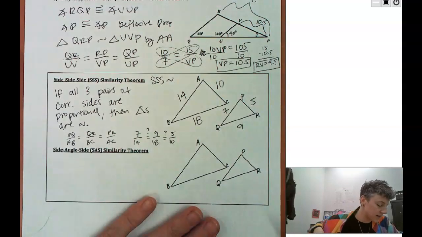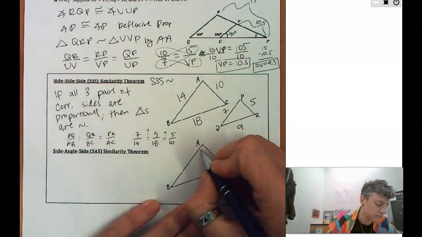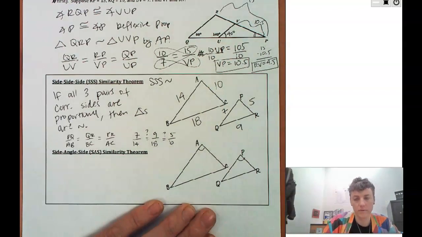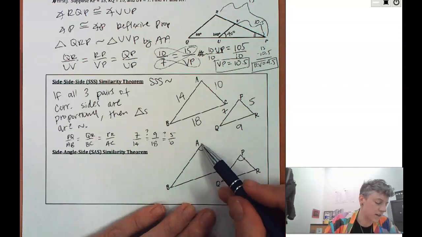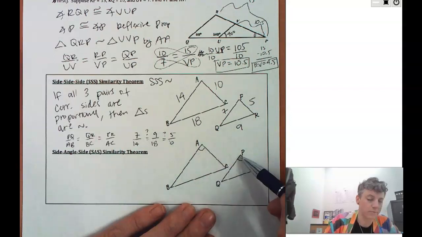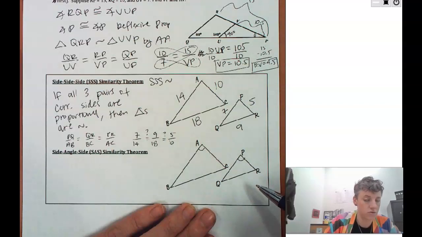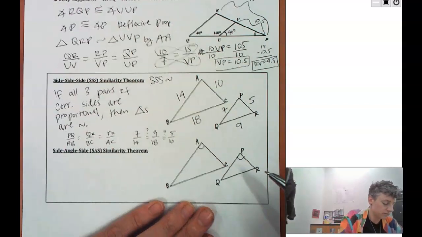So side angle side similarity says if we have a pair of angles that are congruent and the sides that make up those angles are proportional, then those triangles are similar.